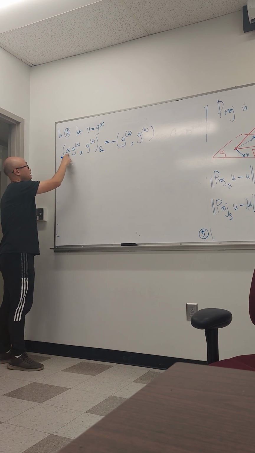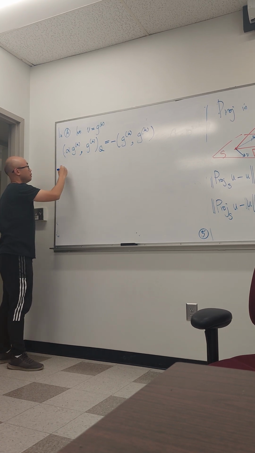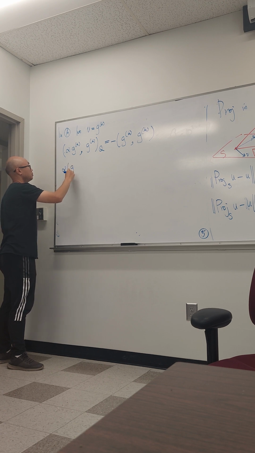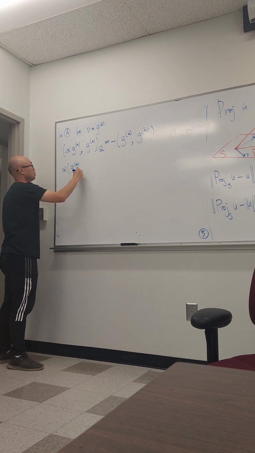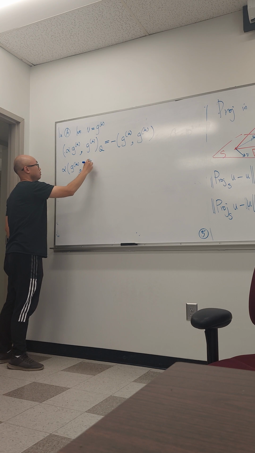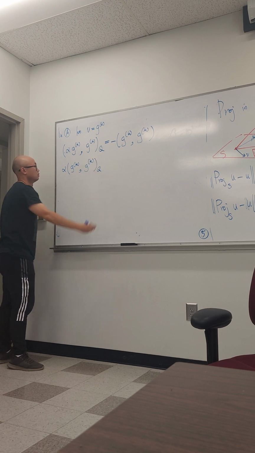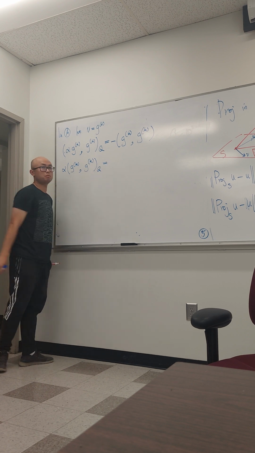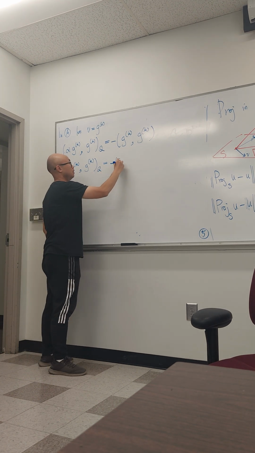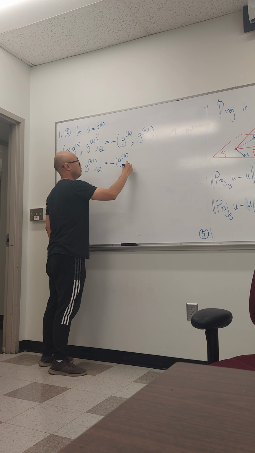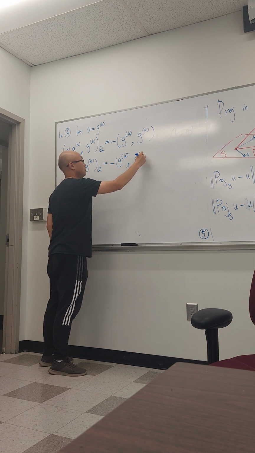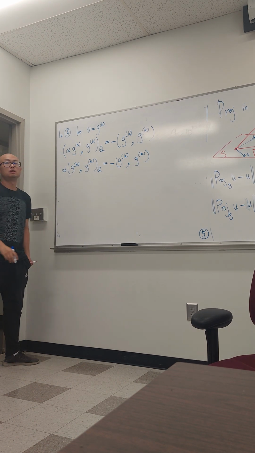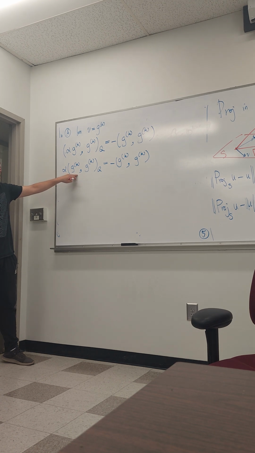Because of the property of the q inner product, we can pull out this alpha. We simply assume this is not zero.